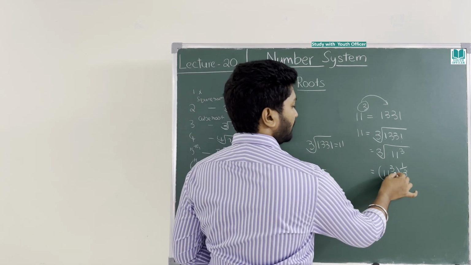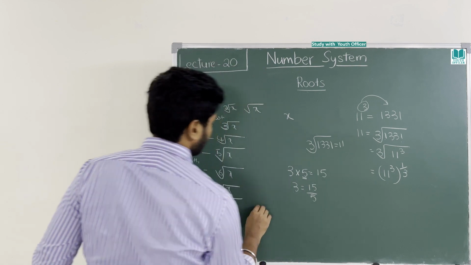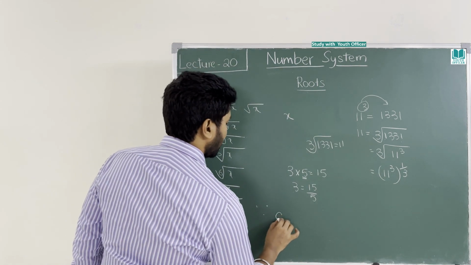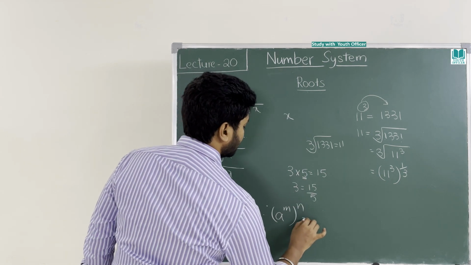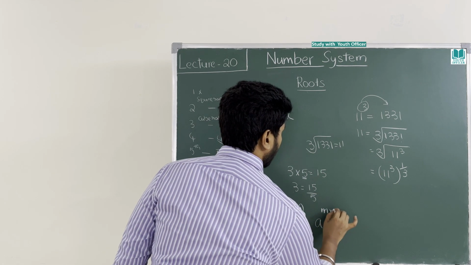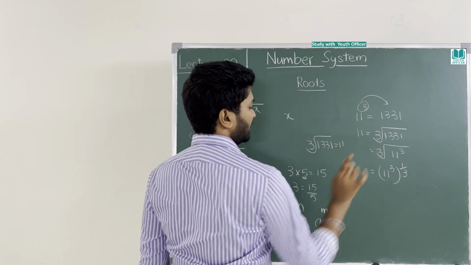A power m whole power n. There is one formula I am going to tell you. Whenever you write a formula, you put two dots like this, then another dot like this. A power m whole power n is equal to a power m into n, right? But here n is 1 by 3.